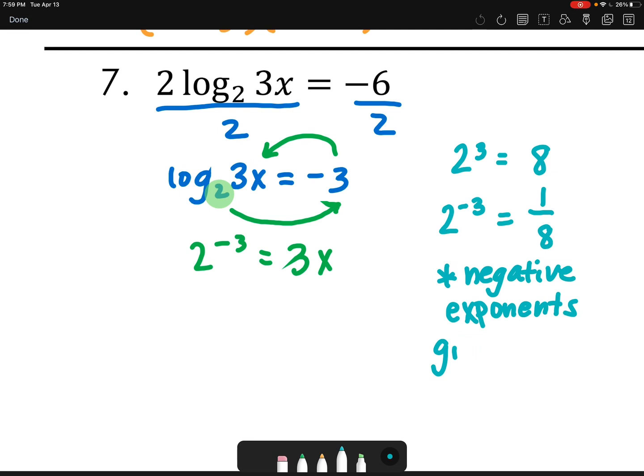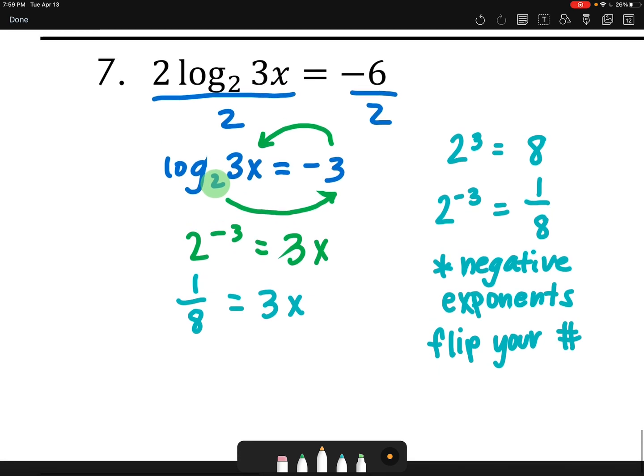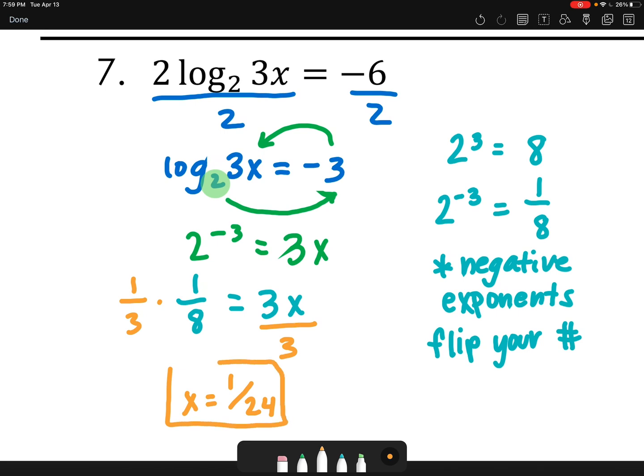Or here, I'll say this: flip your number. So if 2 to the third is 8, here we have 1/8 equals 3x. And then from here, I'm going to be dividing by 3, which is the same thing as multiplying by its reciprocal. And so I'm left with x equals 1 over 24. Okay?